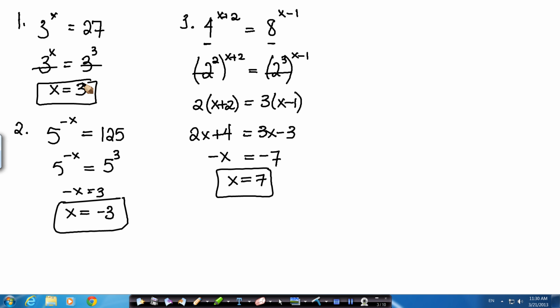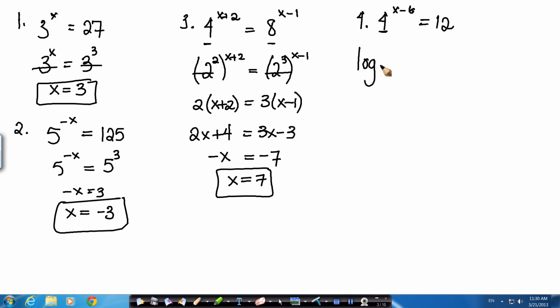Okay. Well, what happens if the bases are not the same and you can't get them that way? What if I said, for example, 4 to the x minus 6 equals 12? Well, if we can't get the bases the same, then we have to use our friend the logarithm. This tells us what the base of our log is going to be.